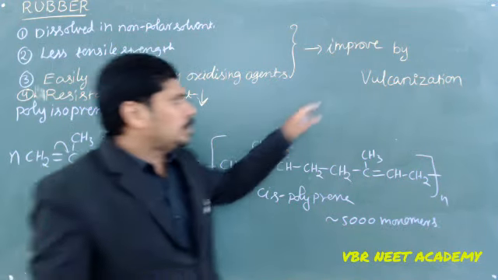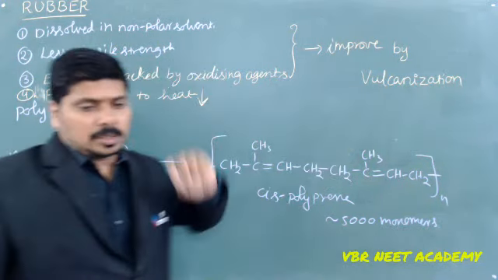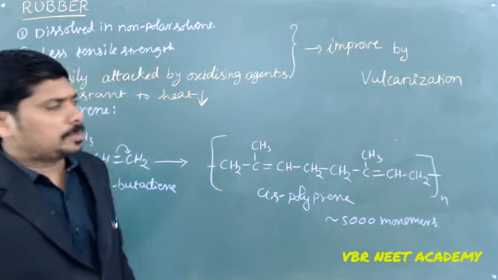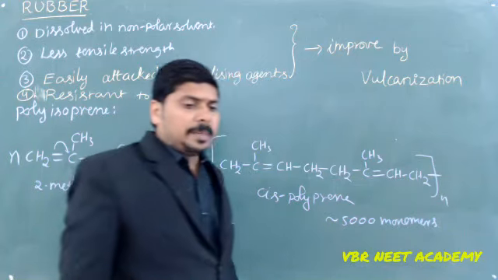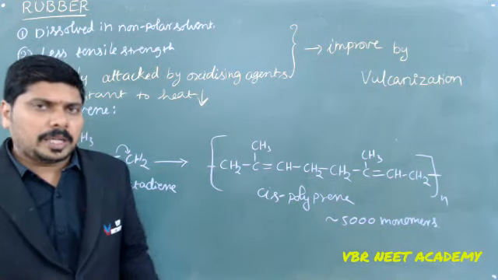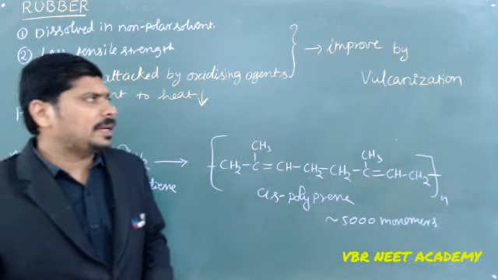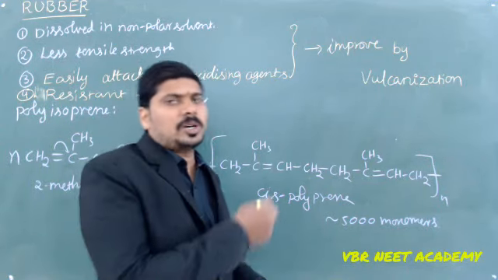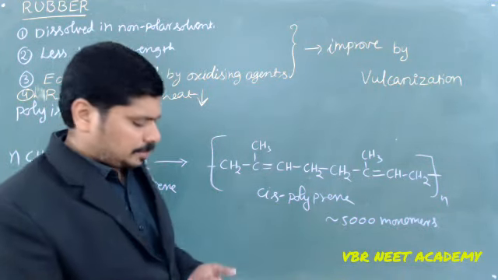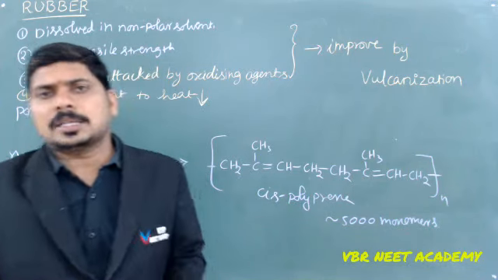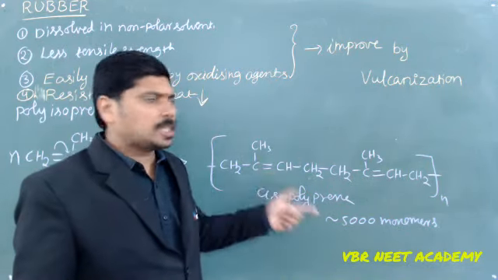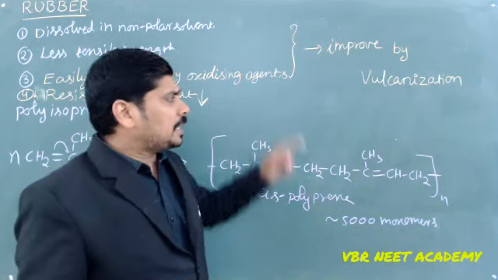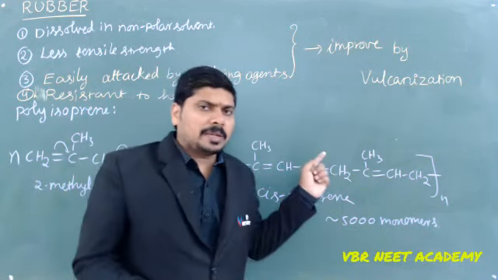So what do you mean by vulcanization? Vulcanization is nothing but heating of rubber in the presence of sulfur, and as a catalyst we are using either zinc oxide or stearic acid. That is going to catalyze the sulfur addition to your rubber, and that rubber is going to be vulcanized.